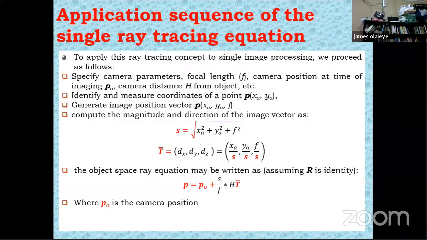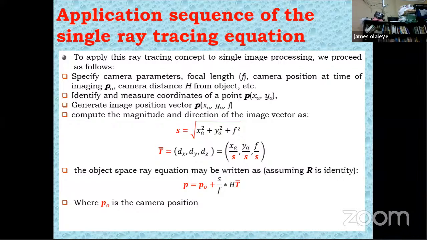Once you capture the image, if the focal length of the camera is known, and the initial point where the camera is held is also known, then of course, the distance of the object from the camera is also something required for single image work.